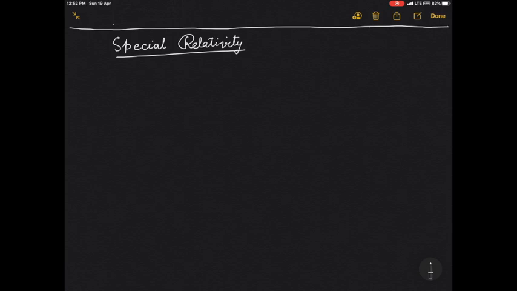Okay, so what about special relativity? First, one important thing we learned about special relativity is the concept of interval, or we also called it space-time distance.